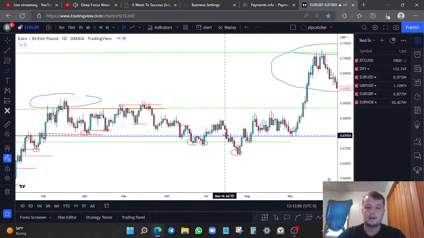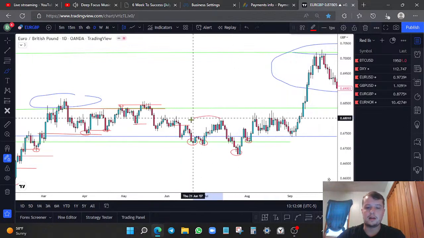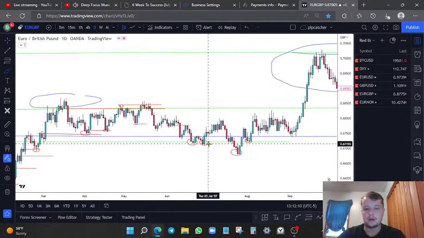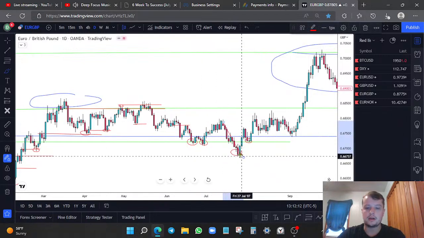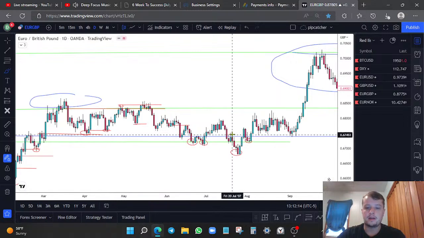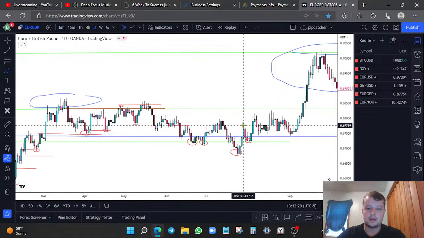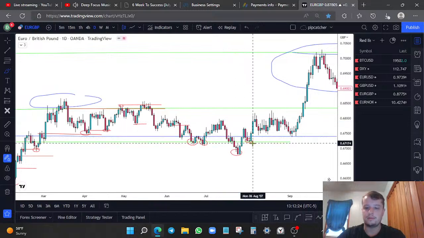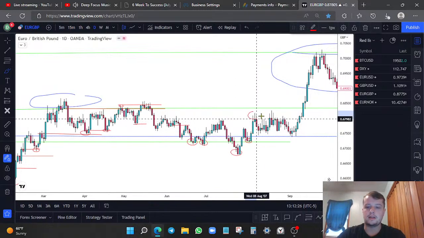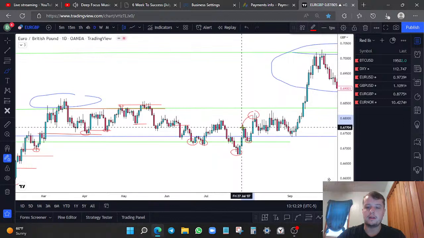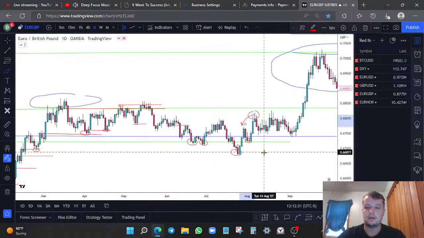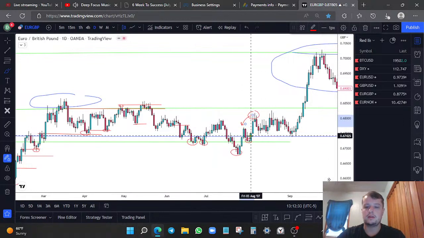No. Did this high break this structure? Yeah, I guess you could say so, but then look, it comes right back down. Did this high break this structure? No. Did this high break this structure? No. Did this high break this structure here? Yes. And where does price come back down into?